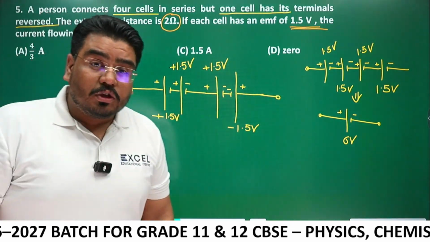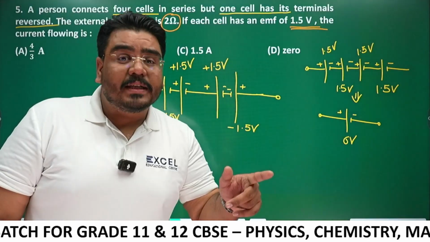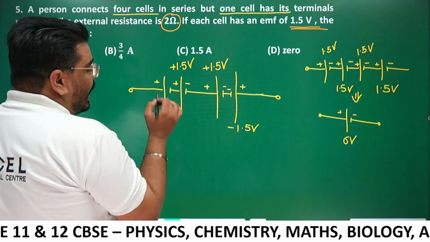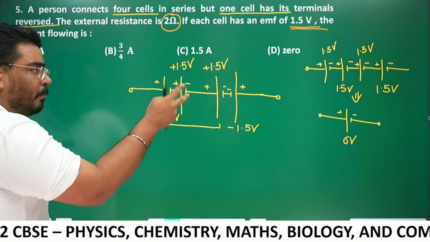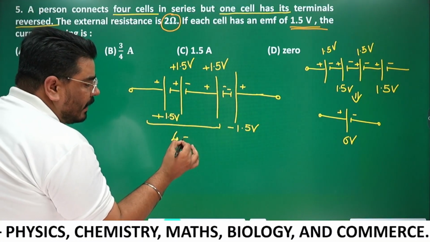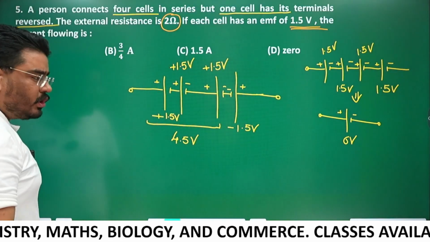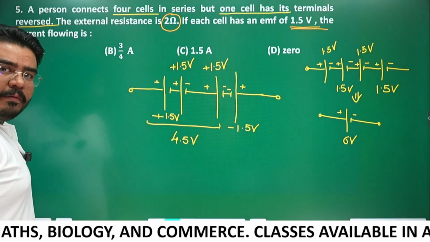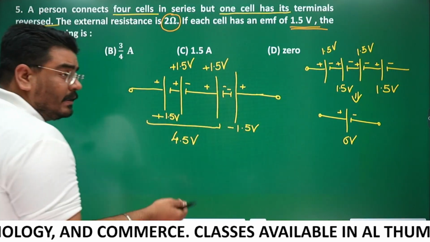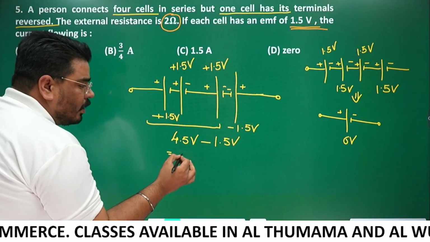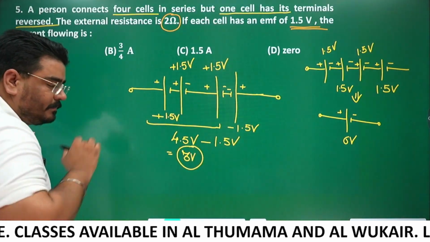Oh, so sir, it should be taken negative. 100% yes. And you should understand, these 3 are in series supporting each other, 4.5 volts. How? 1.5 plus 1.5 plus 1.5. So total is how much? 4.5. But this one is reversed, opposite. Minus 1.5 volt. So the resultant of this will be 3 volt.